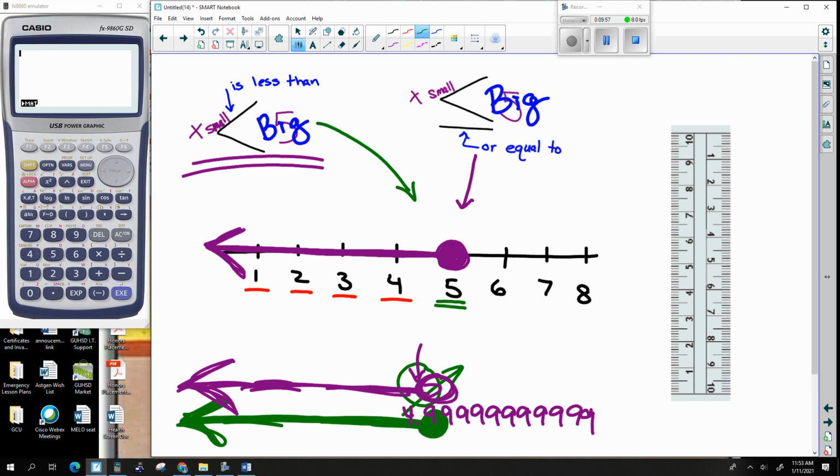If it's just straight up is less than, it'll be a dot, but it's not filled in. It's more of a circle. And so you don't fill it in. So if it's a filled in dot, that means it's an or equal to. That means the 5 is actually there. If it's not filled in, that means you can get wicked close to 5, but it's not actually going to be 5.